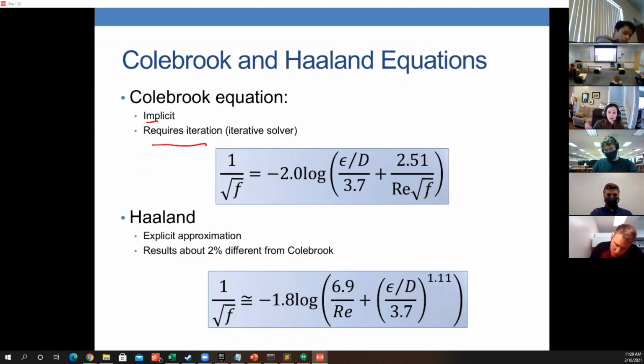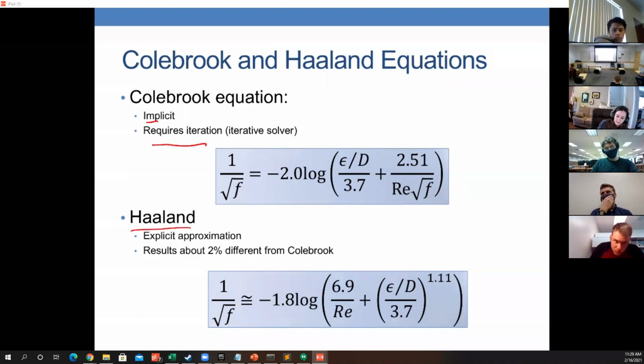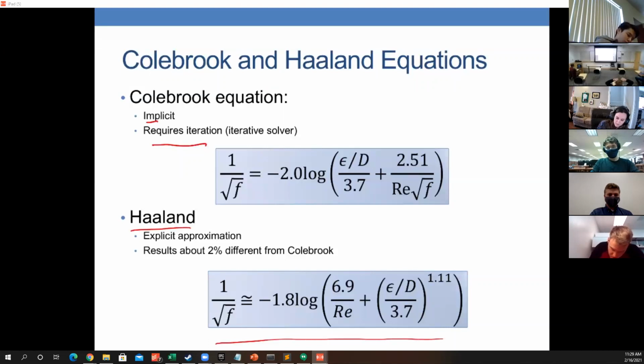Okay. And then, in order to make it easier, you can also use what's called the Haaland equation. This is an approximation of the Colebrook equation that is explicit. An explicit approximation is right here. The results are about 2% different, so it is less accurate.